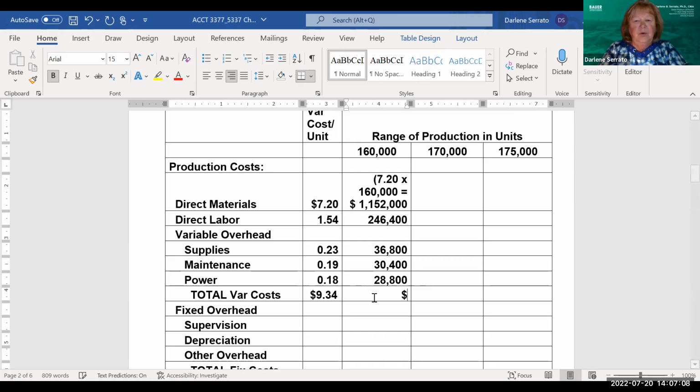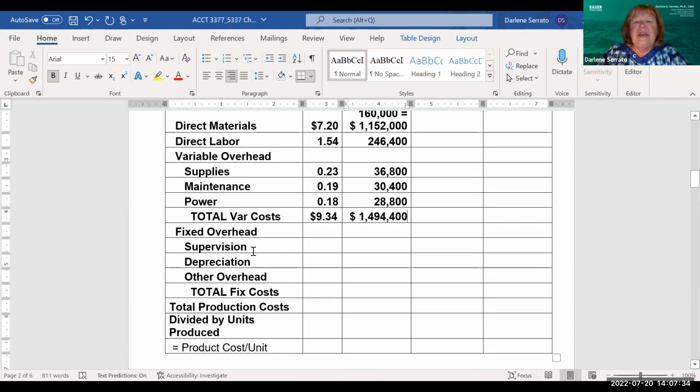So our total variable cost, if we add all of these up, the 1,152,000, 246,400, 36,800, 30,400, 28,800 should give us 1,494,400.